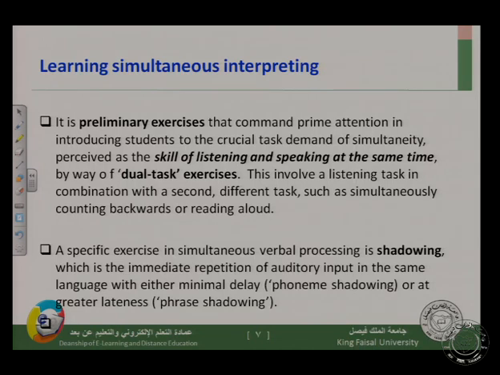Both of them have different languages, and the interpreter would sit between them and whisper. You will listen to this person and then interpret.